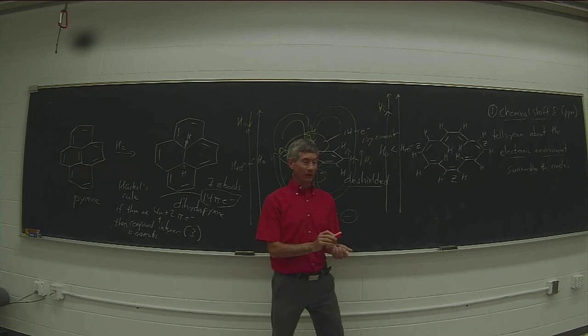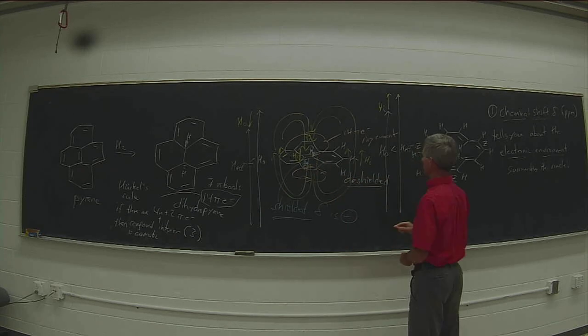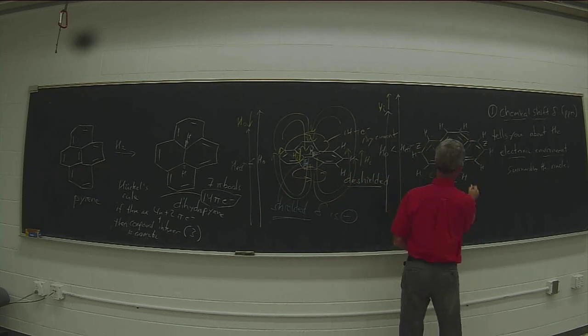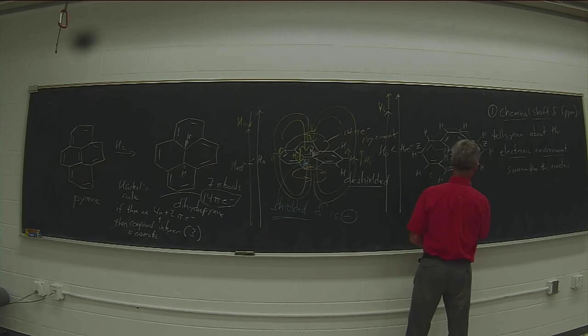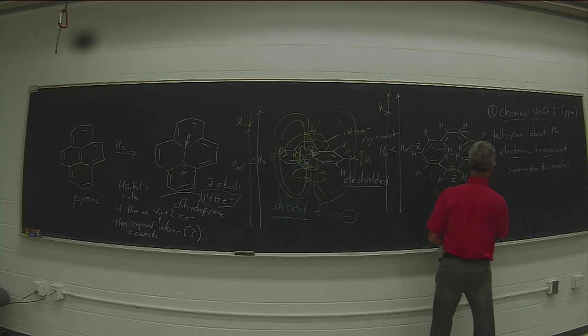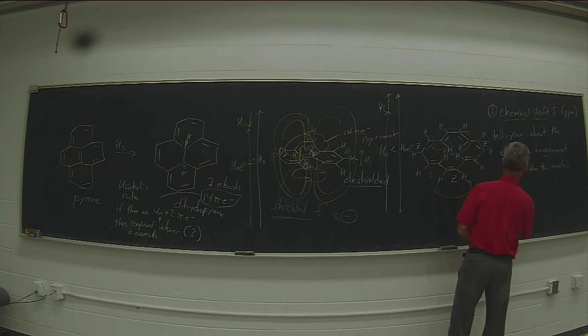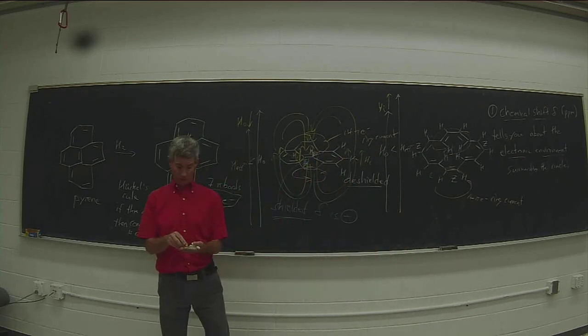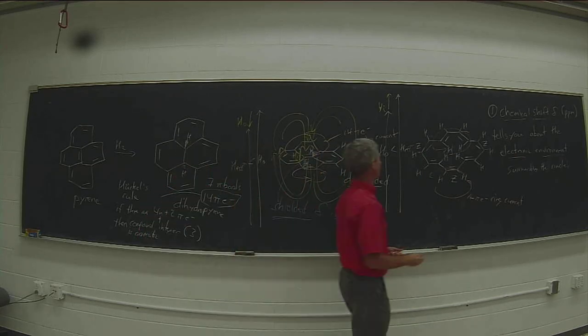The ring current looks the same as it would be for the dihydropyrene, where we've got a strong 14 electron circulation above and below the molecule, which is oriented perpendicular to the applied field.